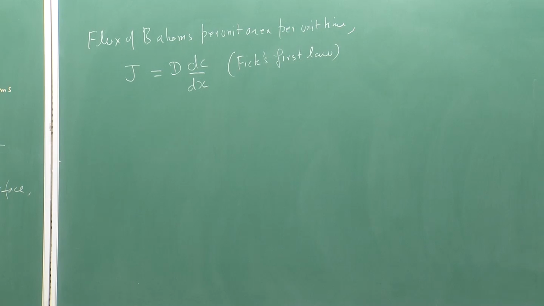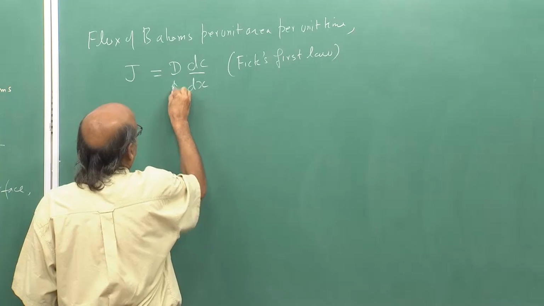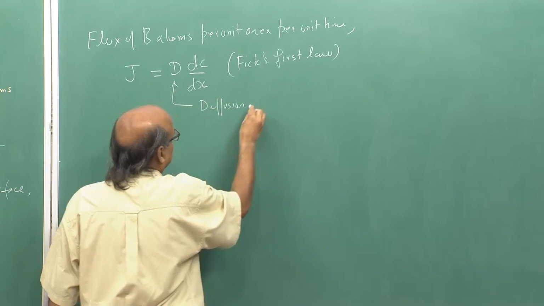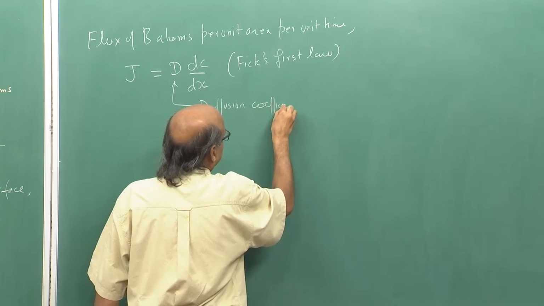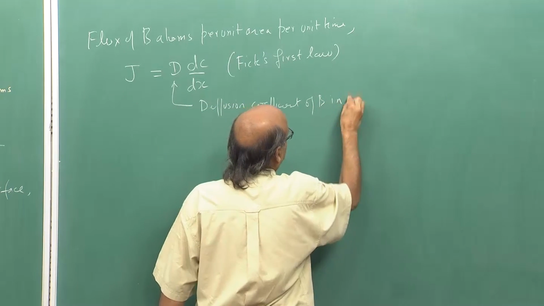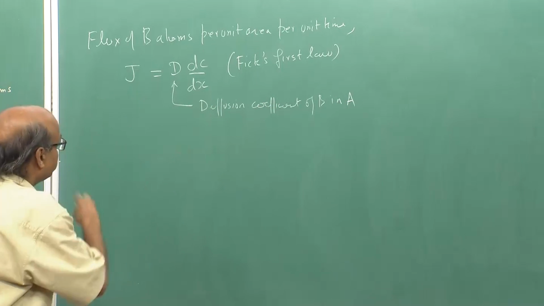For now, let us take this relationship as it is. D is called, in this case, the diffusion coefficient of B in A.